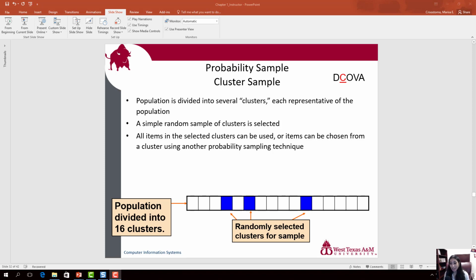And from that county, I am going to sample all the schools in that county to see how many students are on the assisted lunch program. So that would be an example of a cluster sample.